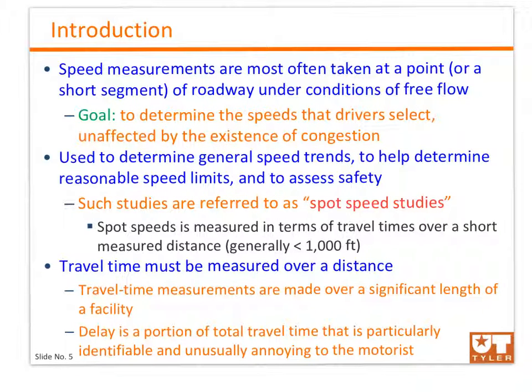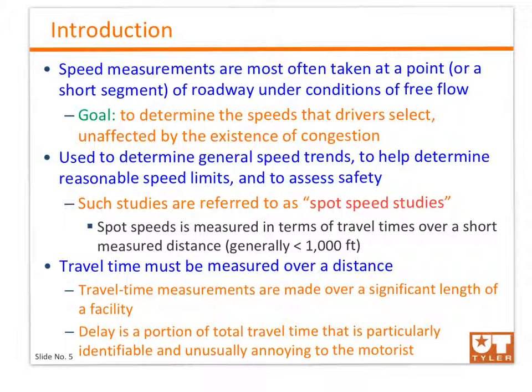So once you have congestion, that would not be a good candidate for a speed study. The speed study is also used to determine general speed trends in order to help determine reasonable speed limits. Even for speed limits, as well as assessing safety issues, we have to do a speed study to address those issues.